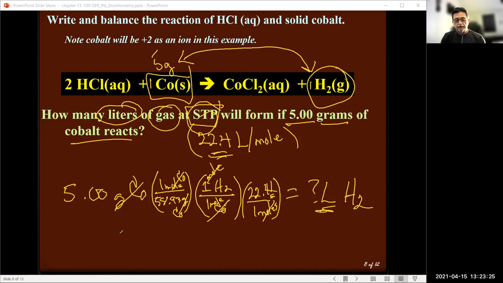What I find is that occasionally students put the atomic weight on the numerator, and they end up with this. Now, think very carefully when you do that, because this says 58.93 moles per gram. A mole is 6.02 times 10 to the 23rd.